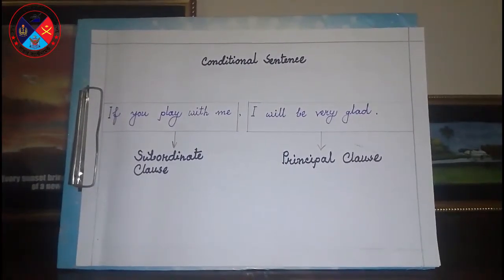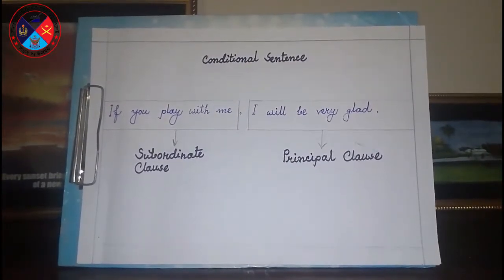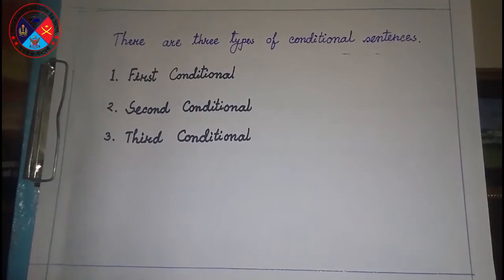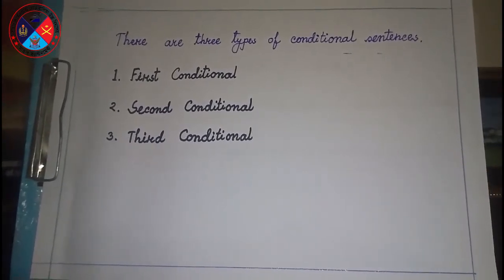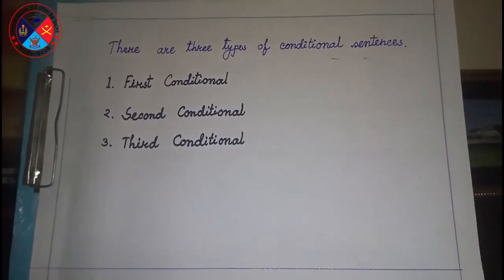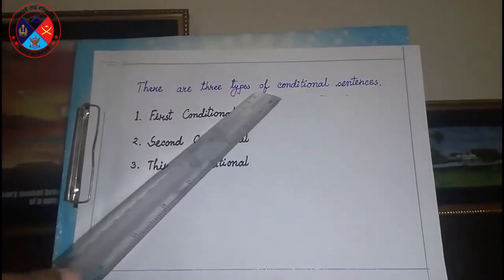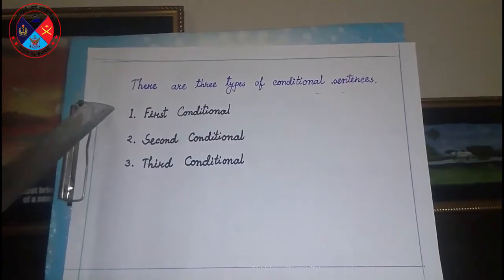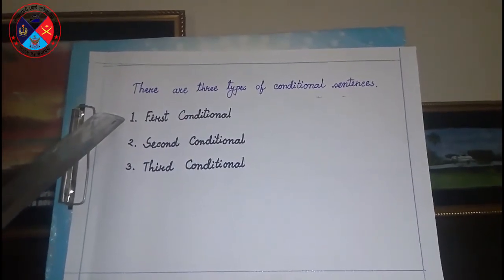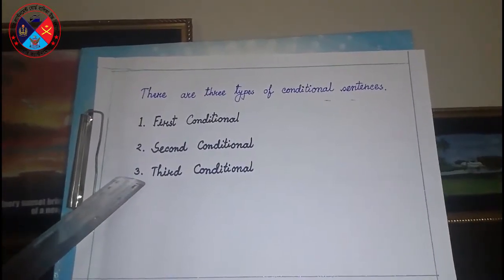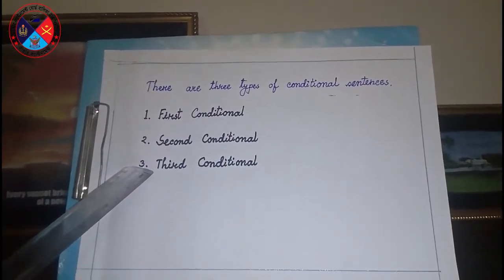Then comes the question, how many types of conditional sentences are? There are three types of conditional sentences. First conditional, second conditional and third conditional.